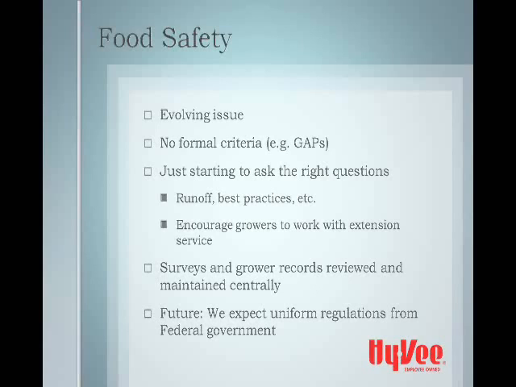We do have survey forms that we have all of our growers fill out, and basically we're just trying to ask the right questions: how the runoff situation will be, are they using best growing practices, fertilization, some of those types of things, if they're insured and how much they're insured for, and things like that. Obviously, that's going to continue to evolve and be a real hurdle for all of us in this area.